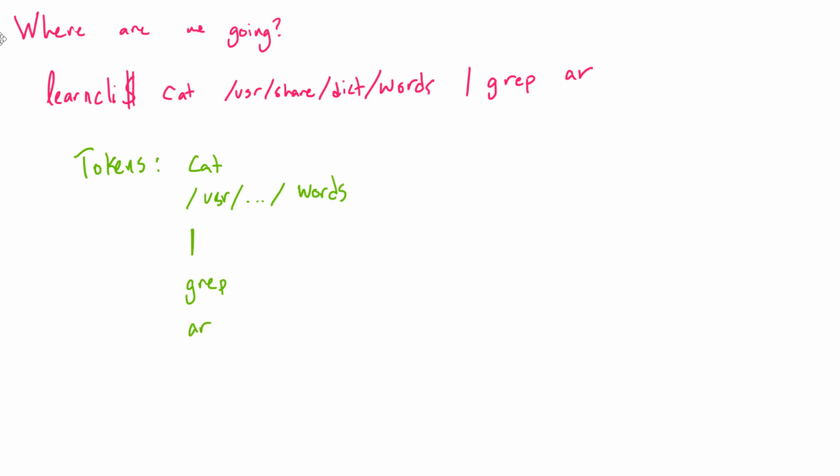And so these would be the tokens. And those tokens then are going to be fed into our parser. And what our parser is going to try and do is derive some structure from what it's seeing.